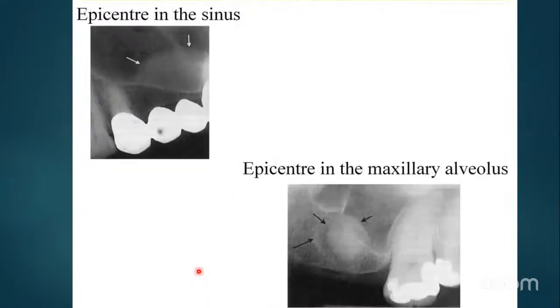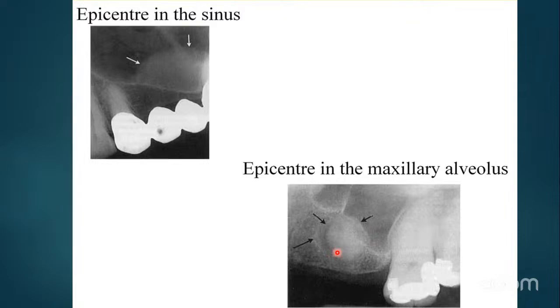Okay, then moving on to epicenter within the sinus, mostly any kind of sinus pathologies or antral polyp, antral lip, anything. So when the epicenter is within the sinus, mostly it is going to be a sinus pathology. And epicenter in the maxillary alveolus, see the picture given here, it can be a retained root stump, or any kind of pathology, or improper removal of your tooth, which remains like a remnant.